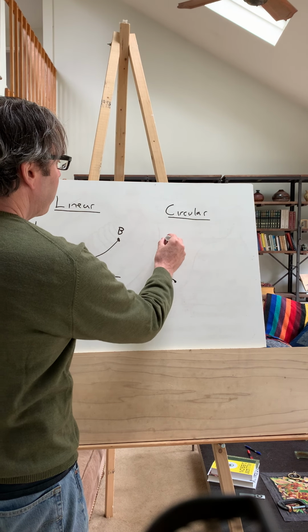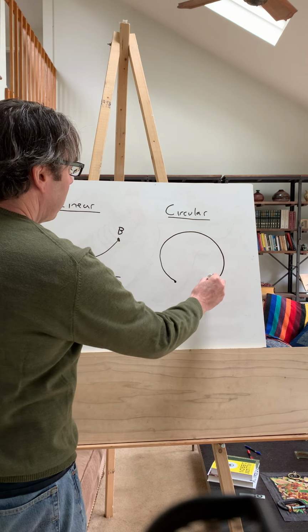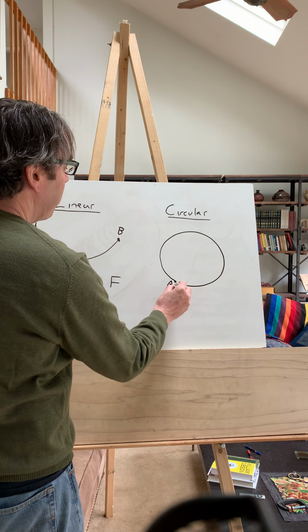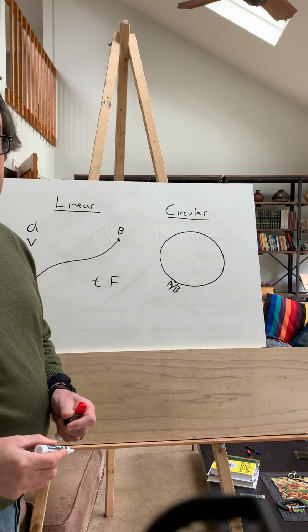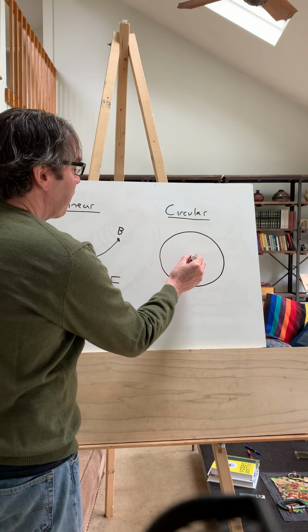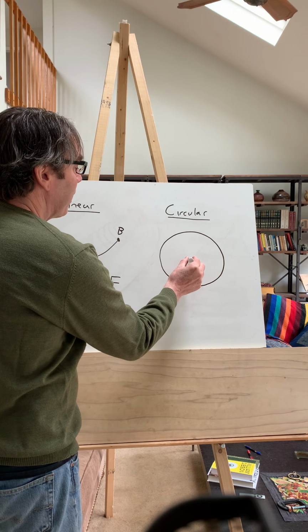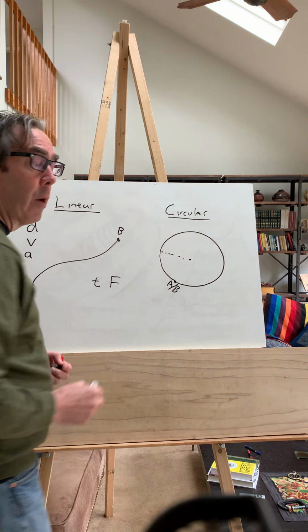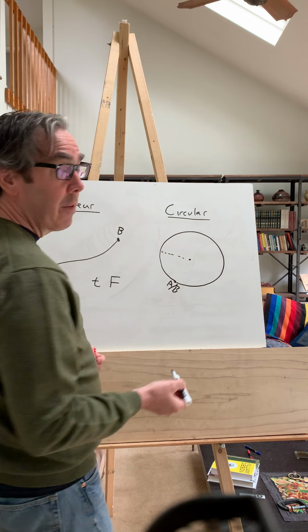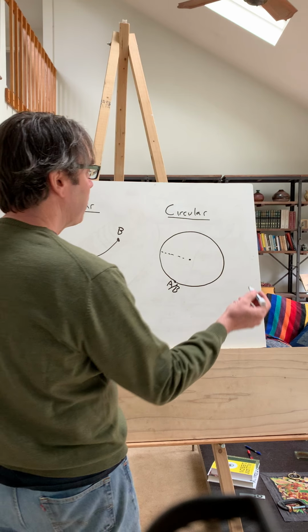Now in circular motion, that's motion that travels around, goes from point A to point B, where point B is the same as point A. A and B are the same. And it's further specified by being a certain equal distance from a point, which we call the center. So that's circular motion, and we have a few other quantities that we think about with circular motion.